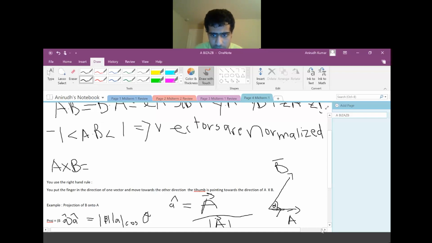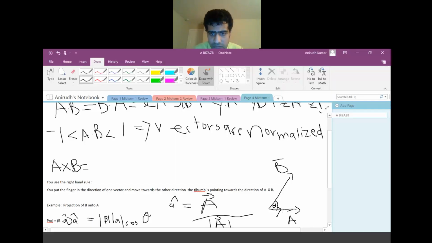Then you have an arrow here, and you have another arrow, so basically two arrows to indicate the direction.